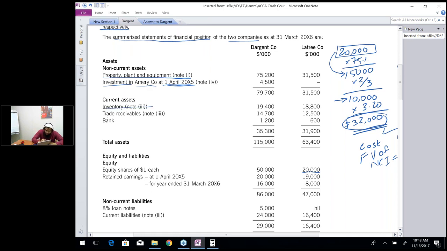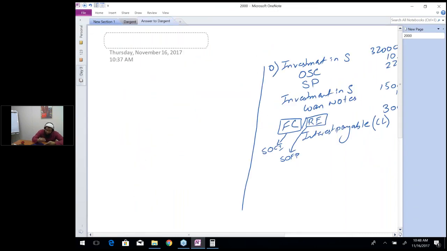Similarly, we have inventory with note number 3, receivables with note number 3, and then we have bank, equity shares, retained earnings at the start of the year, the profit for the year, 8% loan notes, and then current liabilities. So if I prepare working number 1 in my answer sheet, I'm going to start working number 1, which means net assets.